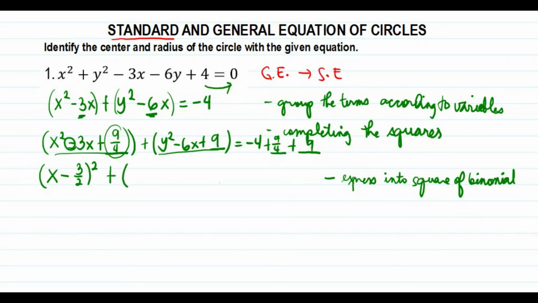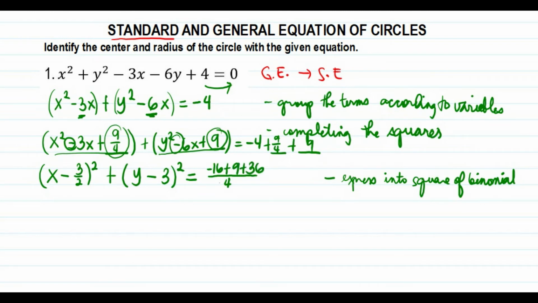Square root of y squared is y. Copy the sign of the middle term. And then get the square root of the last term, which is 3. And then put squared. And then combine all this. So we have over 4. We have negative 16 plus 9 plus 36.